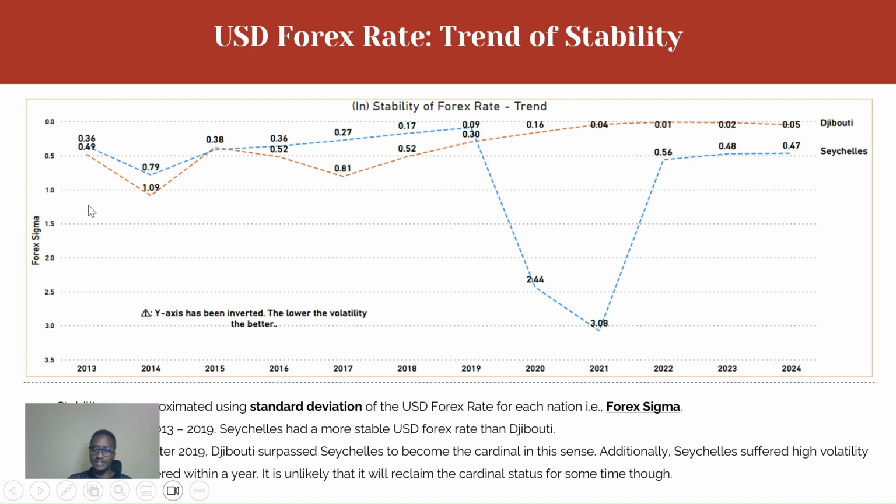So again, here with a classic case of kind of competition leading to crossing of situations. So at first, you will see that Seychelles had a lower standard deviation for this period 2013 to 2019. But then it started to lose its stability, and now Djibouti just took over and it kept improving.